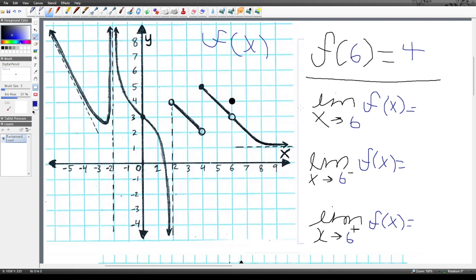So let's continue with the limit as x approaches 6 of f of x. We can skip this one for right now. I'm going to go to this one, as x approaches 6 from the left side. Remember, when you have a negative, think of it as left. You're coming from the negative side towards the positive side. It's not always this instance, but think about the numbers getting bigger and bigger.